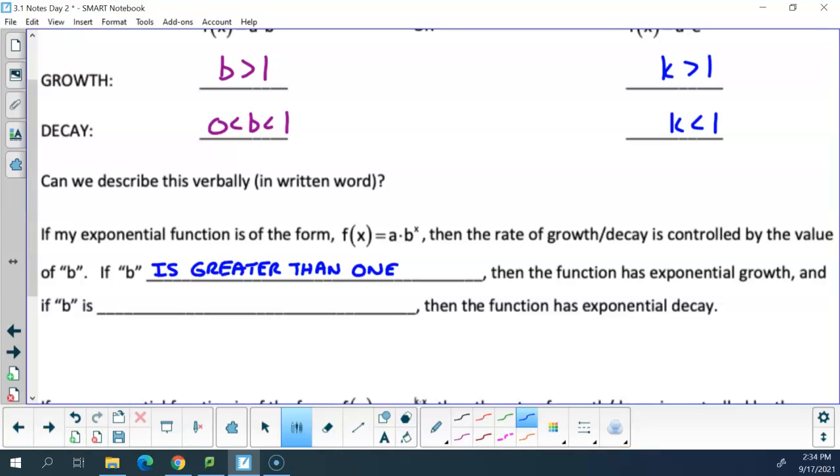And if b is between 0 and 1, then we have exponential decay.